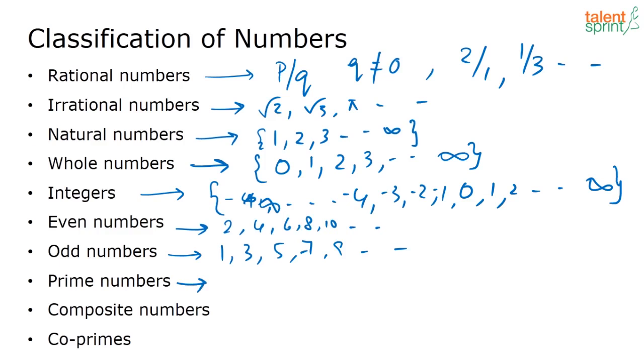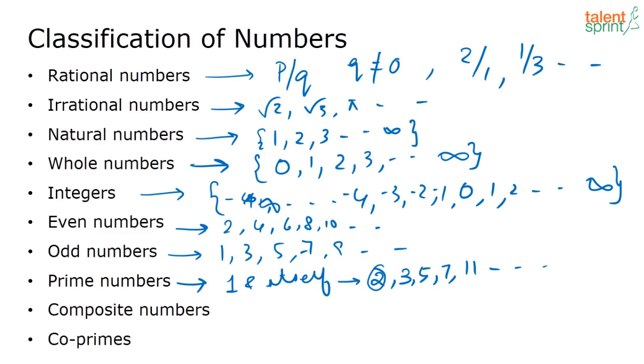Prime numbers are numbers which have only two factors, that is 1 and the number itself. Such numbers are called prime numbers. The least prime number is 2. Then you have 3, 5, then 7, 11 and so on. If you take any of these numbers, they have only two factors, 1 and the same number itself.